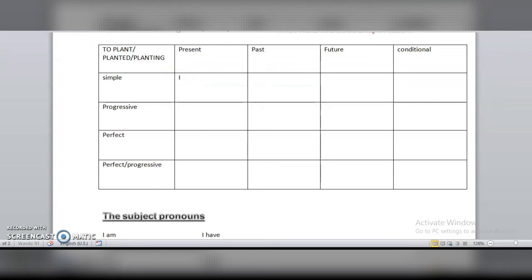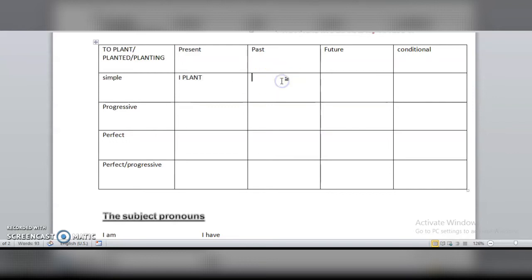For example, I choose I. If I get I, I'm going to add the base form. The base form of to plant is plant. So I'm going to get I plant. Right? I plant. Good. Very easy.